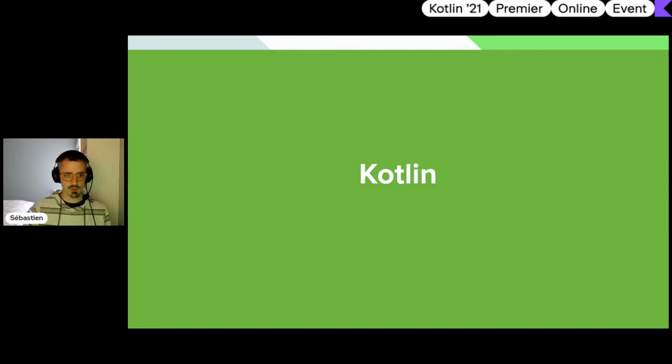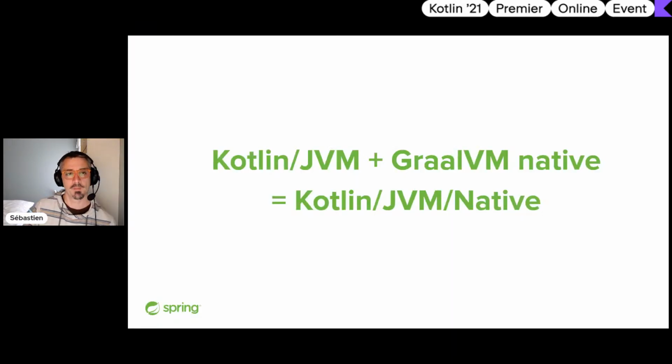So let's talk about Kotlin more specifically. It's interesting because Kotlin has this Kotlin/native platform, which is different from what we show today. Here today I'm really talking about using Kotlin/JVM, so the regular Kotlin flavor that you are using with Spring Boot, plus compiling the resulting bytecode with GraalVM native, which is the native-image compiler provided by the GraalVM project.